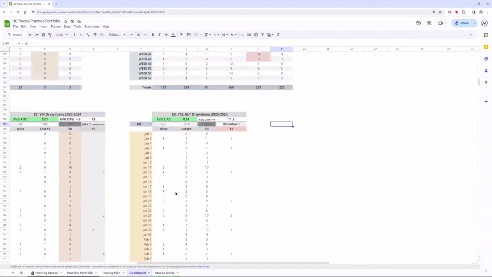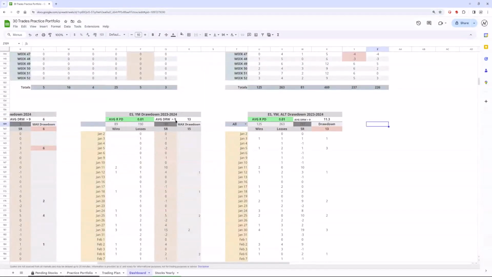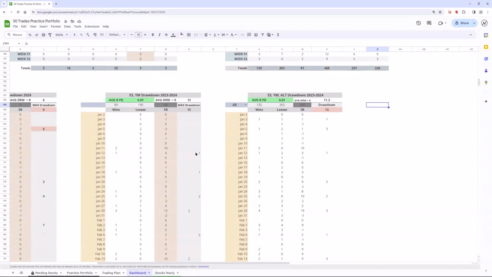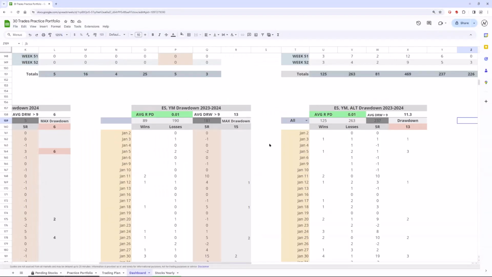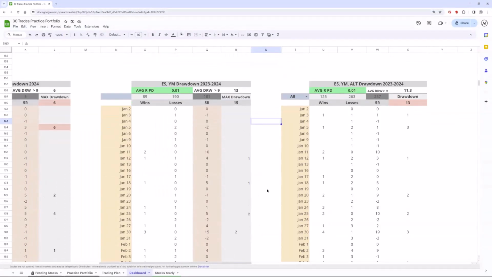Okay, so here are my drawdown numbers. For instance, this is my e-mini trading, and it's wins and losses, and this is consecutive losses in a row. You'll be able to see here, if you open this up a little bit, this gives me a max of 15. So this is wins, losses, wins, losses, a series of trades. The first few months were easy.